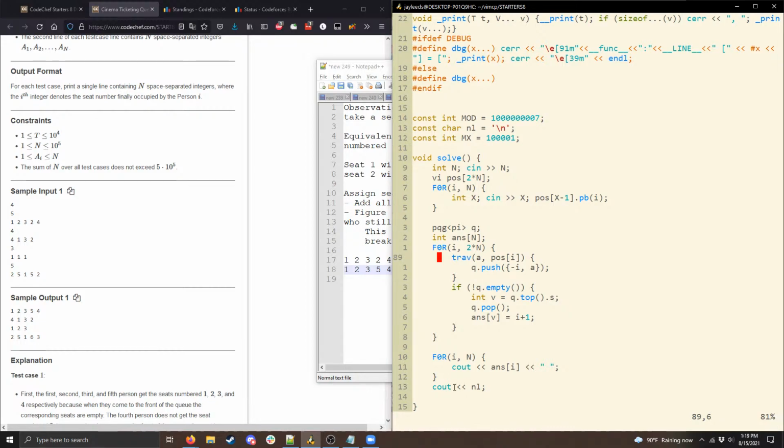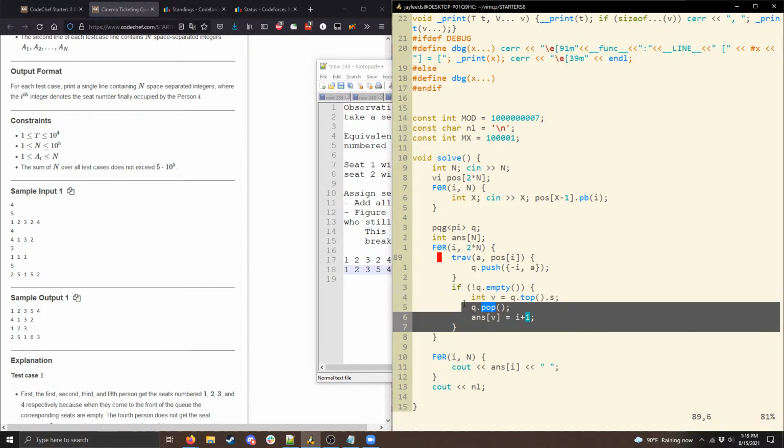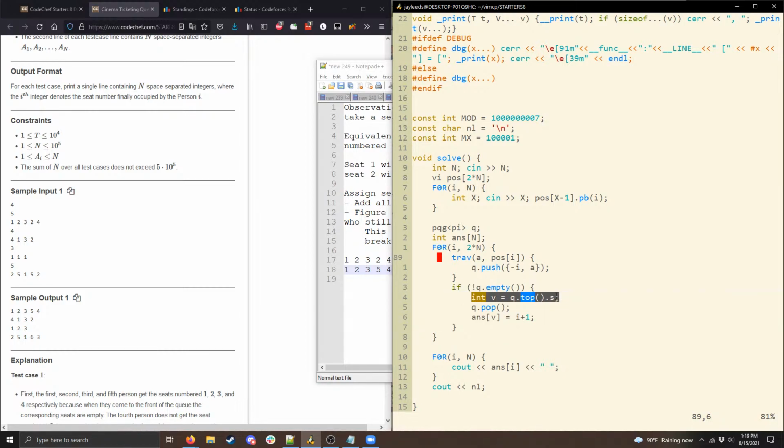Then I iterate over the individuals with a given ticket number, and I add them to the queue. I'm sorting first by the greatest ticket number. Since our queue is looking for the smallest values, that's the smallest negative times the ticket number, and then a is the position. And then if there's someone who still hasn't received a seat, I take the first person out of the queue, and I give them the seat.